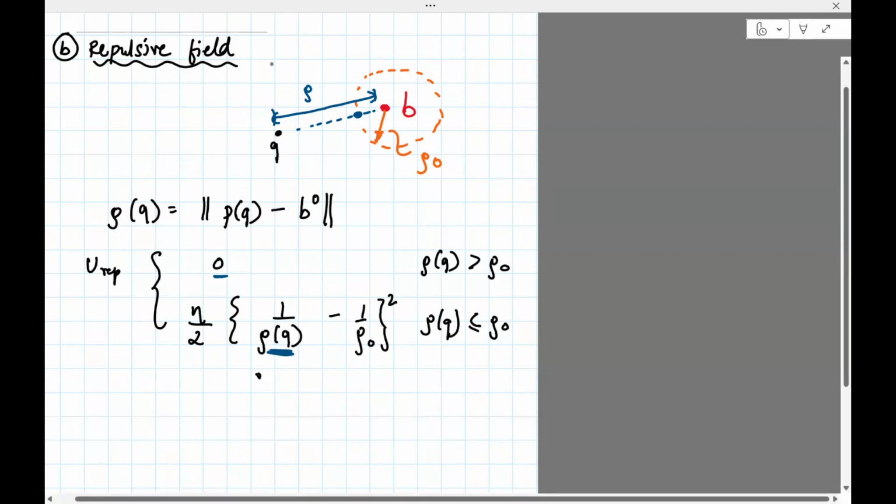You'll have 1 divided by rho 0 minus 1 divided by rho 0, so the field is going to be 0.